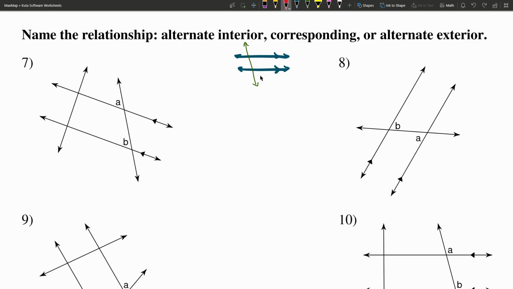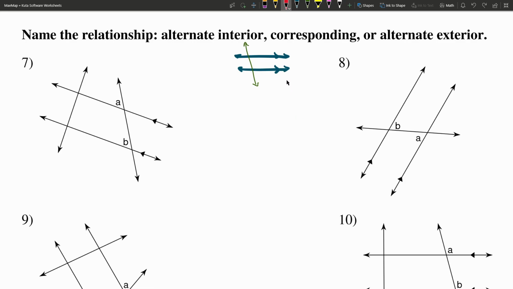Another corresponding angle would be this angle here and this angle there. Or here and here, upper left of the vertex, upper left of the vertex, or here and here. Lower left of that intersecting point and lower left of that intersecting point. And again, these are all based on those parallel lines.